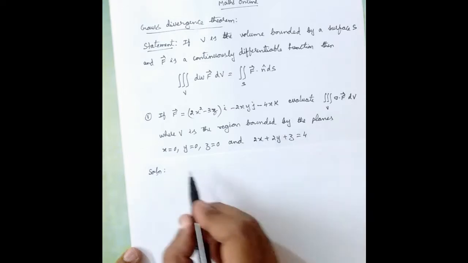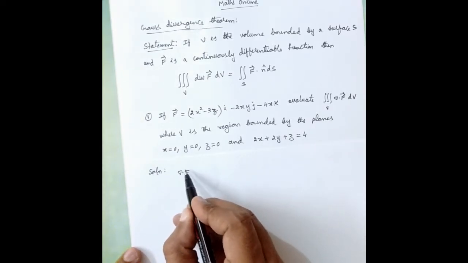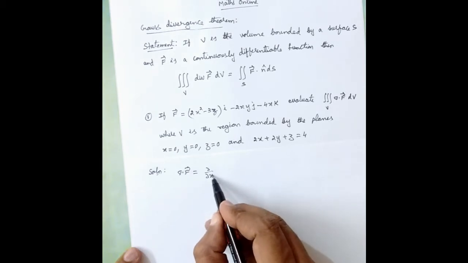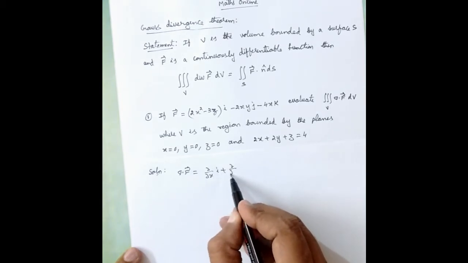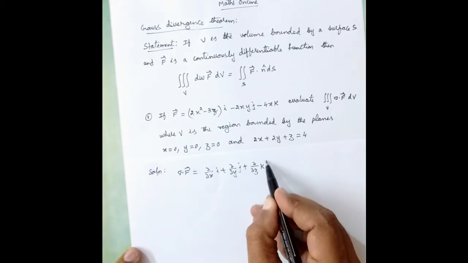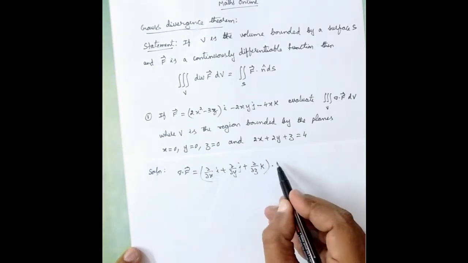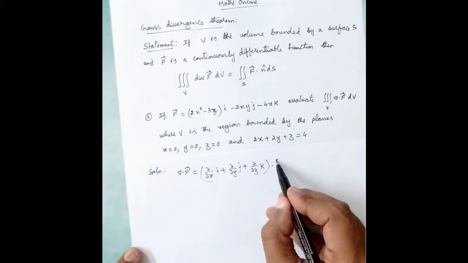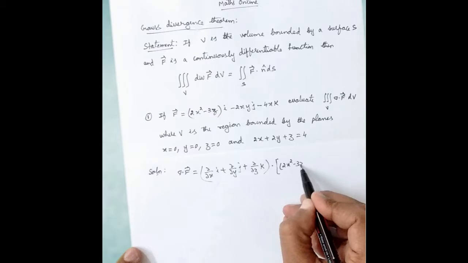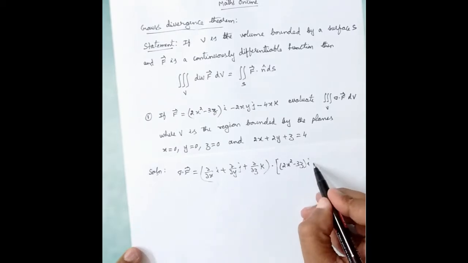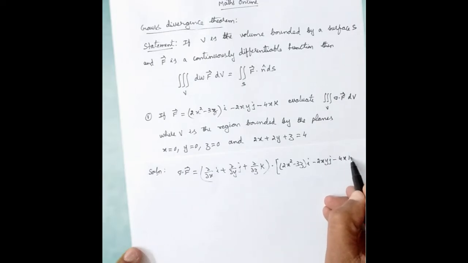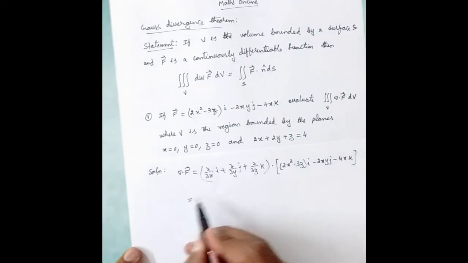So let us first find the divergence of vector F. Del represents ∂/∂x of i plus ∂/∂y of j plus ∂/∂z of k, then dot product with vector F. Vector F is given in the question as (2x² minus 3z) i minus 2xy j minus 4x k.